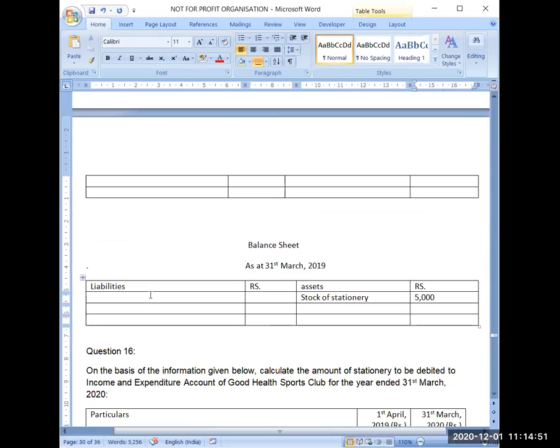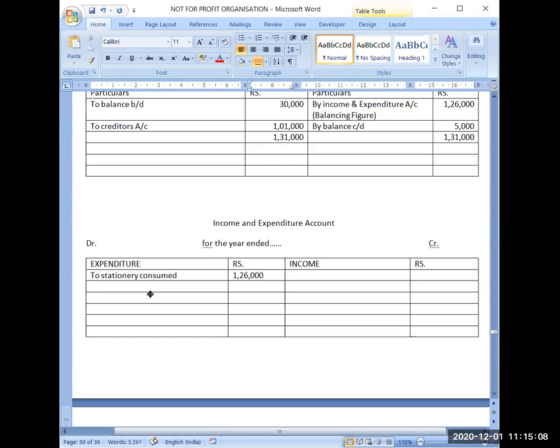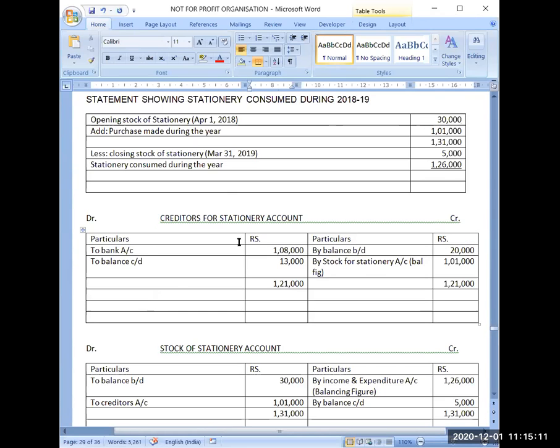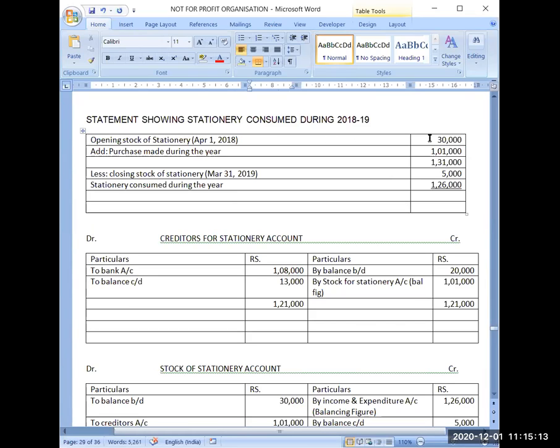That will also come in balance sheet, creditors for stationery account, that is 13,000. So these two informations will come in closing balance sheet. And if you are doing the whole question, the opening balances, that is opening stock of stationery, will go to the opening balance sheet, and opening balance of creditors will go to the opening balance sheet. So I hope this is clear.